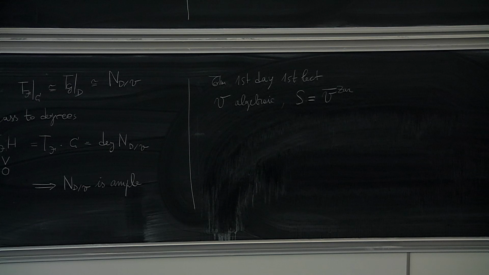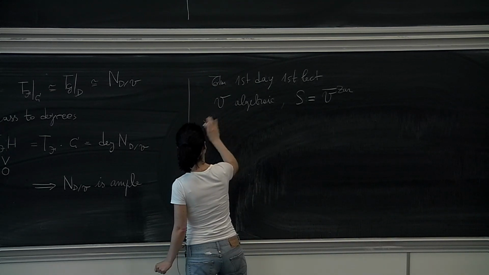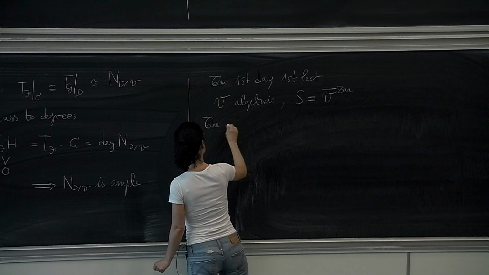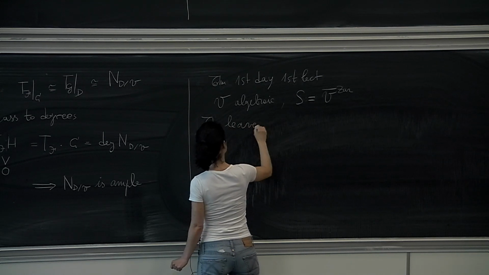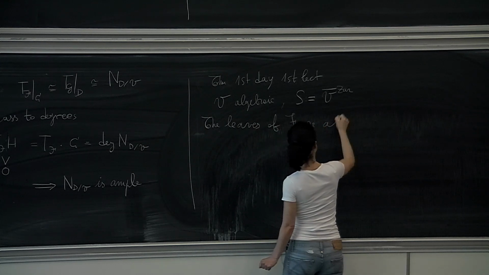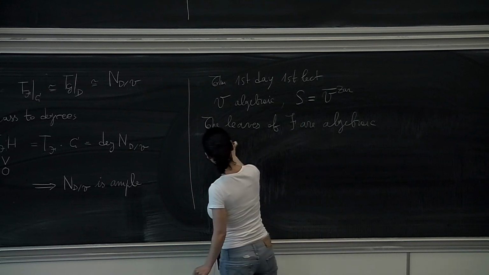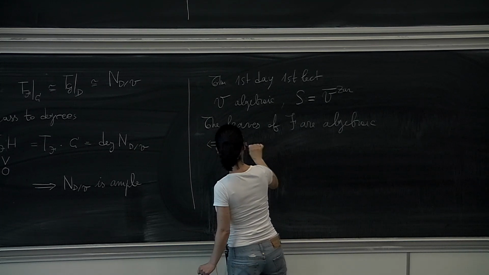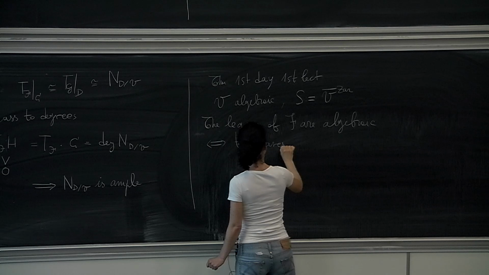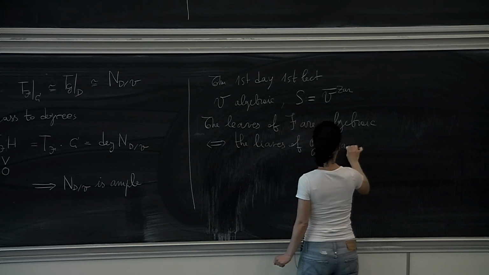So why did I do all this? We just proved that the leaves of F are algebraic. So those are algebraic if and only if the leaves of G are algebraic.